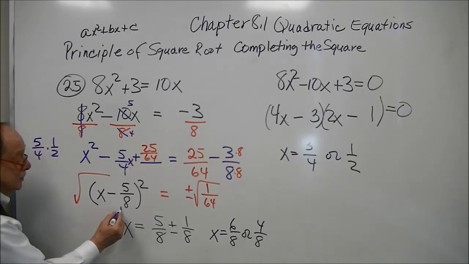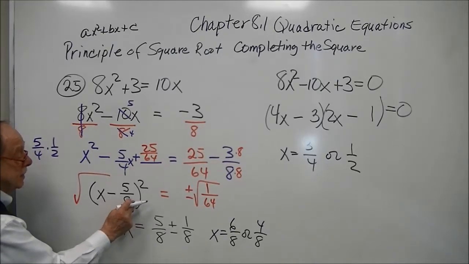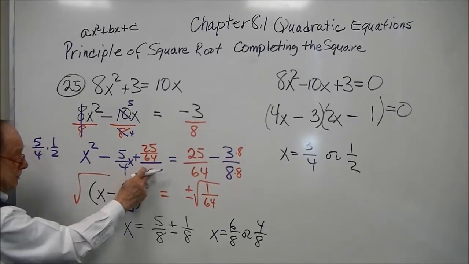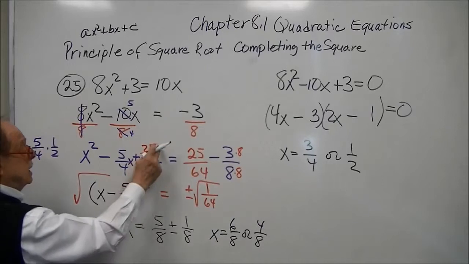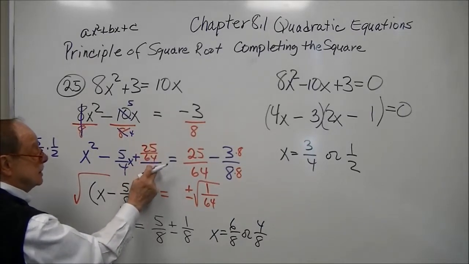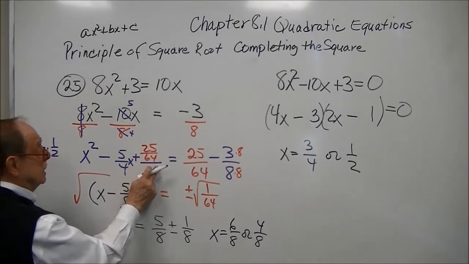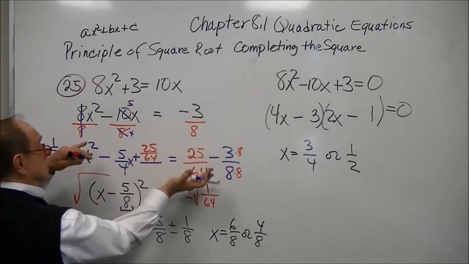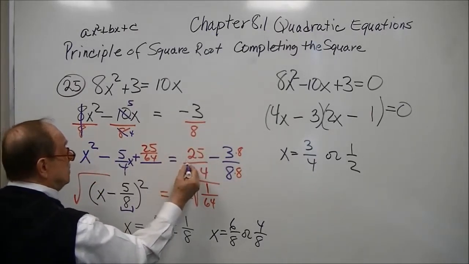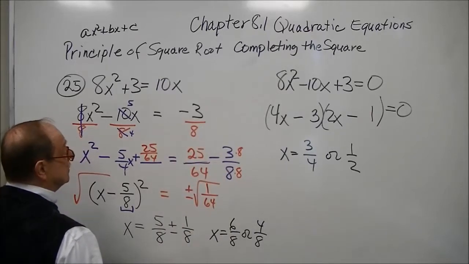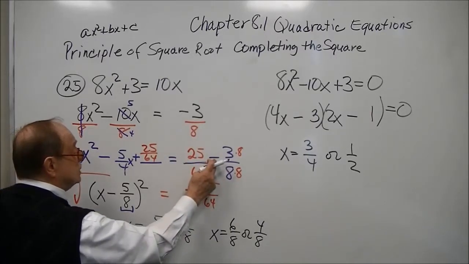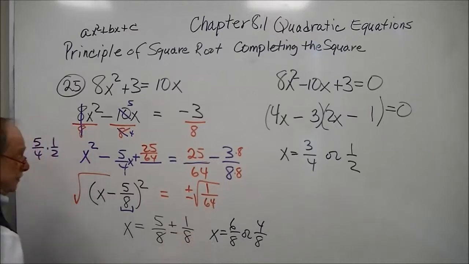And then now I have to square this to get my c term. So I square 5/8 and get 25/64. Now to keep this an equation, I have to add my 25/64 to the other side as well. And I have my original 3/8 there.